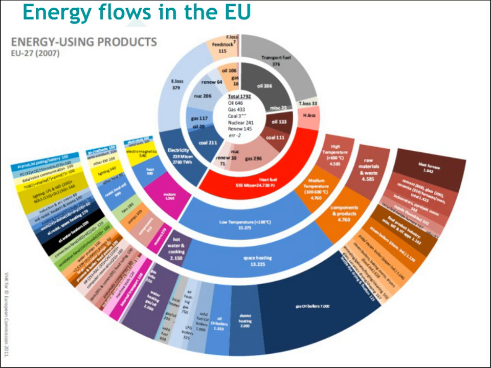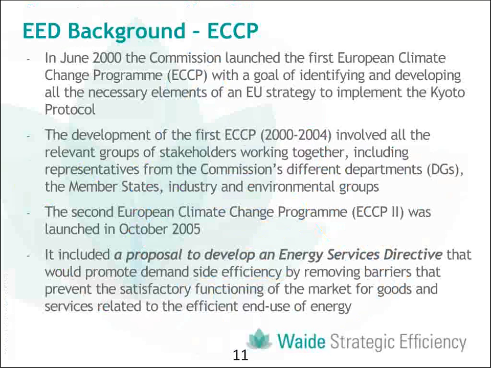And then further to the right, you have high temperature and medium temperature heat, which will be going through to industrial processes primarily. And then in the top right quadrant, you have the transport fuel consumption, and below that you have losses from heat losses. So this kind of map is very helpful for trying to understand where the opportunities are to intervene and how important they are when you're prioritizing them to introduce energy savings measures.